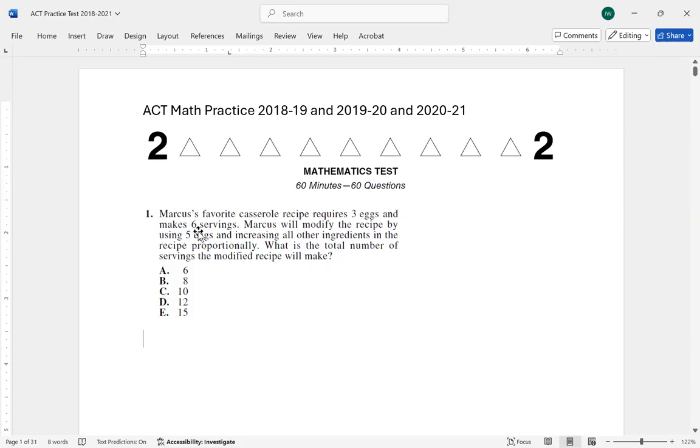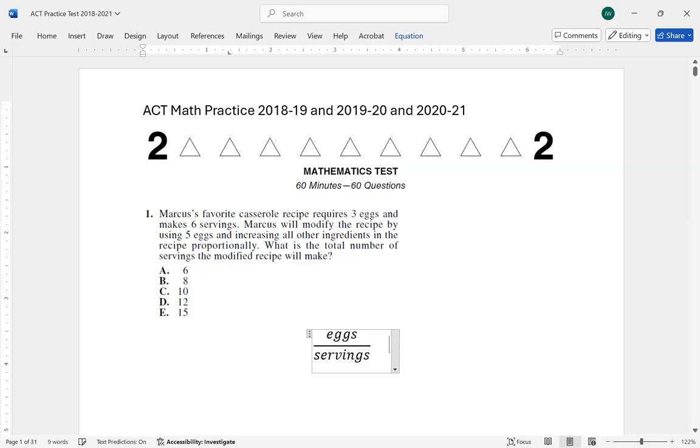Question 1. Marcus's favorite casserole recipe requires 3 eggs and makes 6 servings. Marcus will modify the recipe by using 8 eggs and increasing all other ingredients in the recipe proportionally. What is the total number of servings the modified recipe will make? So I'm going to set up a proportion, and we're going to do eggs per serving.